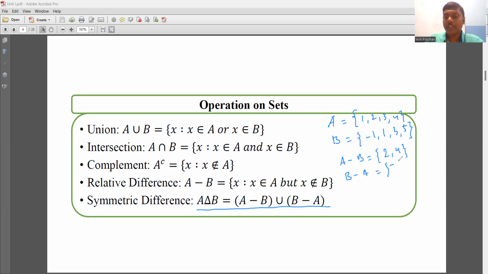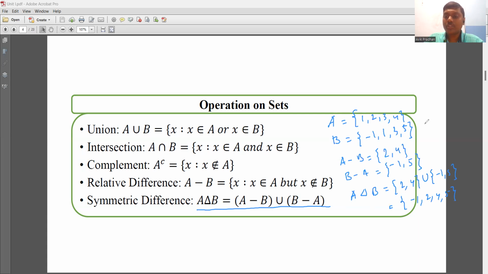B minus A will be -1 and 5. So A symmetric difference B will be equal to the union of these two sets, that is -1, 2, 4 and 5.